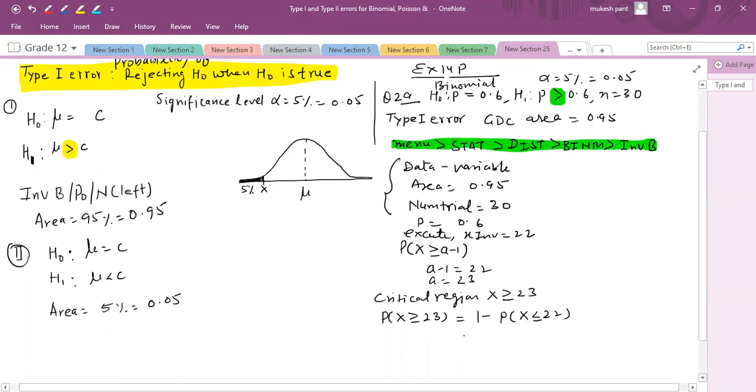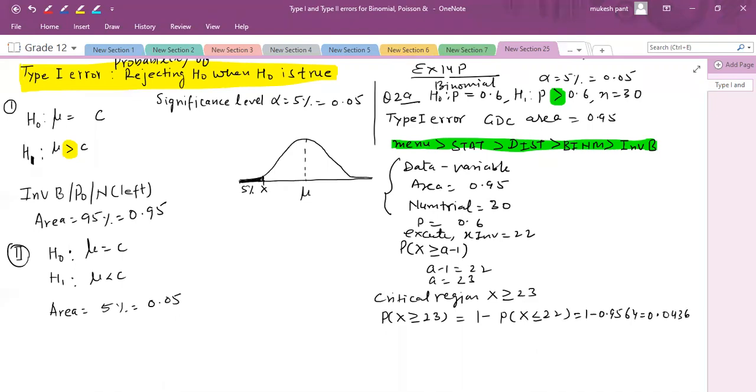When you put this value in your calculator, you get the probability of X less than or equal to 22, and after deduction we get 0.0436. So I think you know how to find the probability for binomial distribution. This you can keep for your reference. I am writing it here.